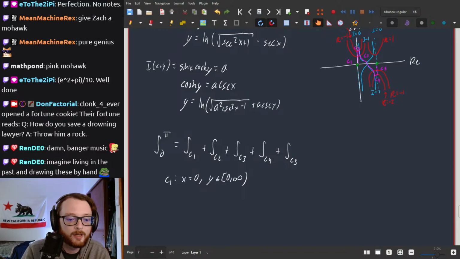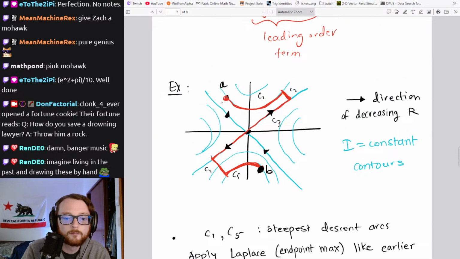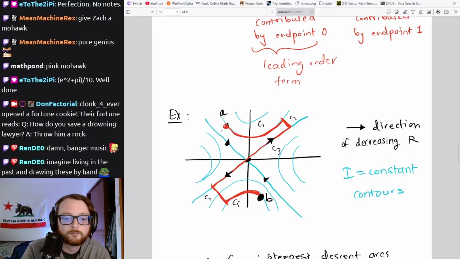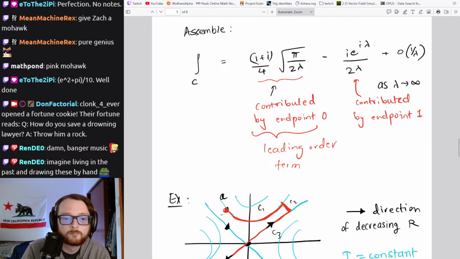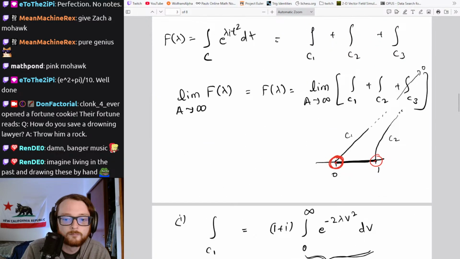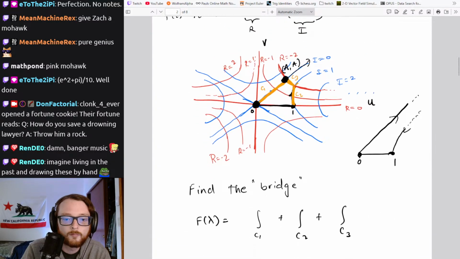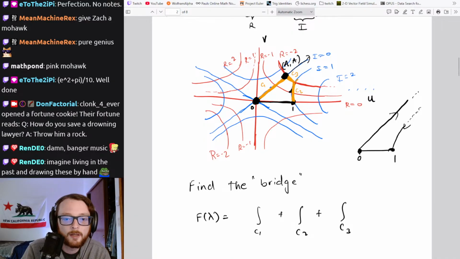I feel like we kind of need to name them. Yeah, we did kind of name them.